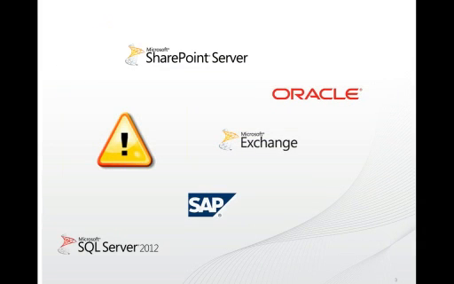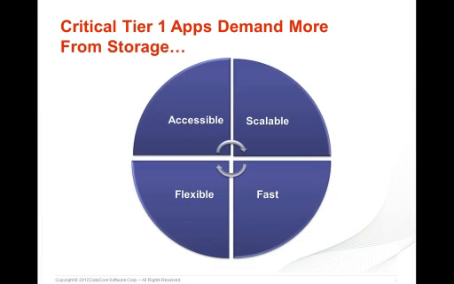So what then are those tier 1 critical applications to which we're referring? Well, they could be Microsoft SharePoint, SQL Server, Exchange, Oracle, SAP, but they are really any application within an organization that meets the following criteria.